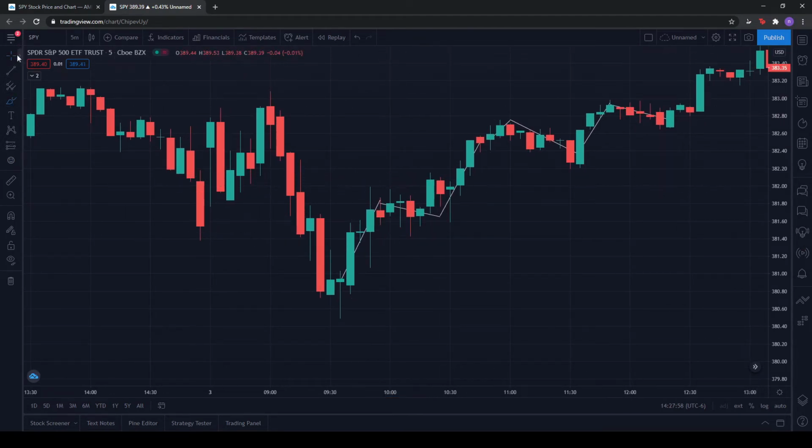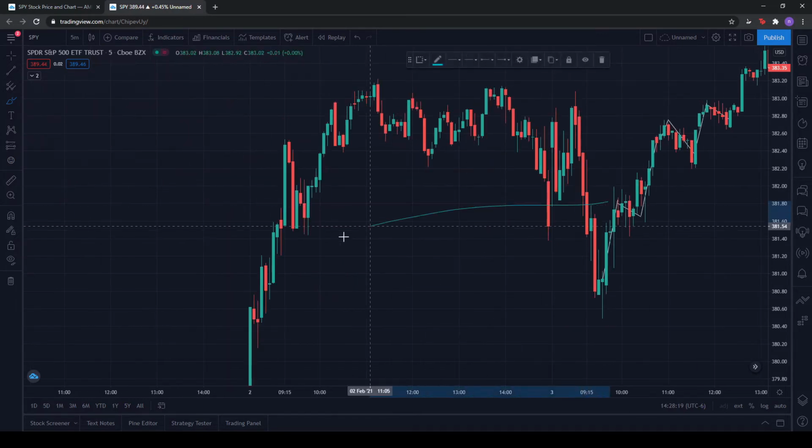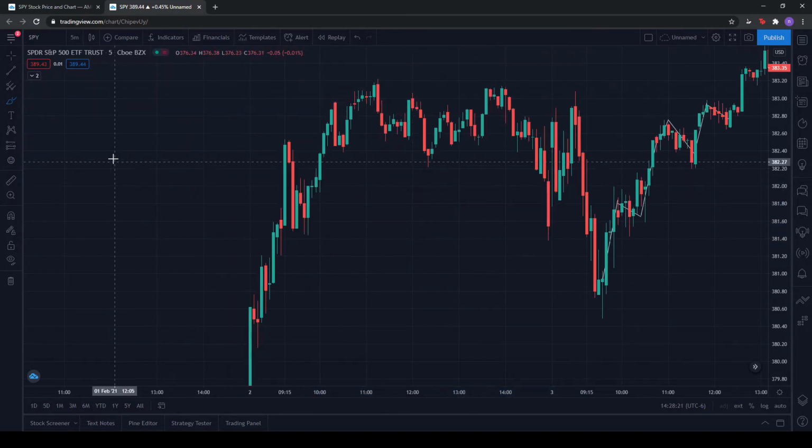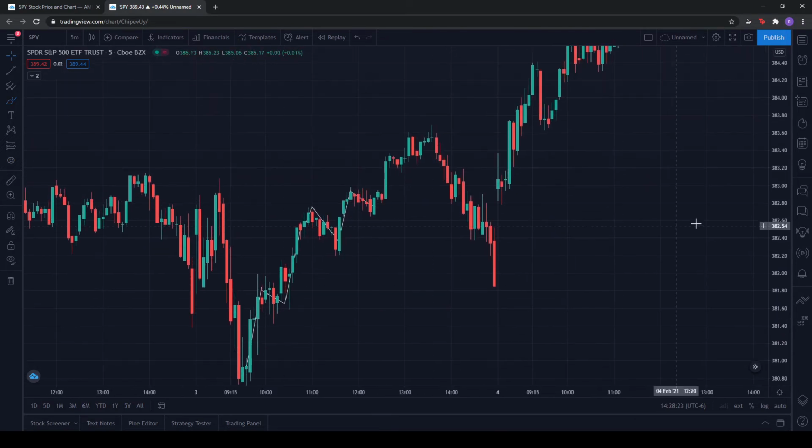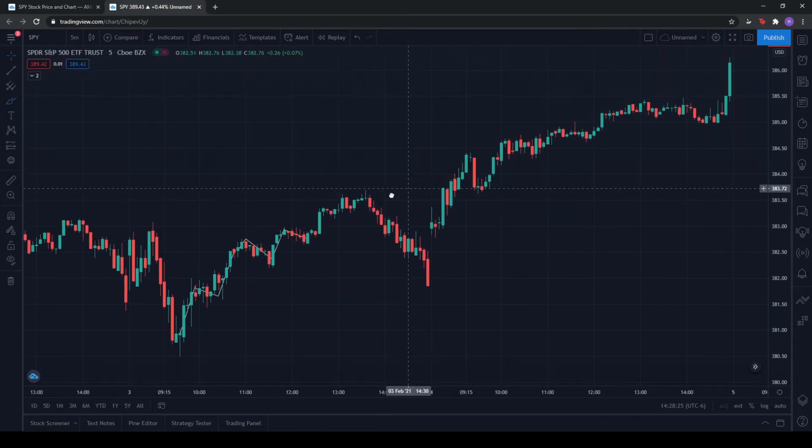If I'm looking at this area right here, I can see red candles and then green candles that aren't really as much of a move. They're kind of flattening out. So red candles and green candles that aren't moving up that much will show a retracement.